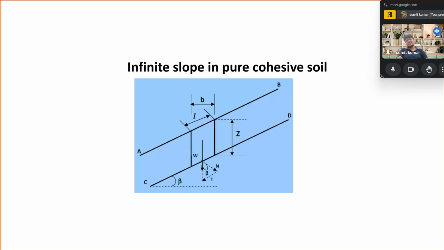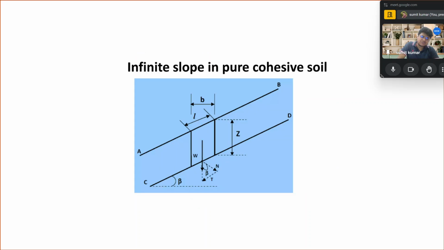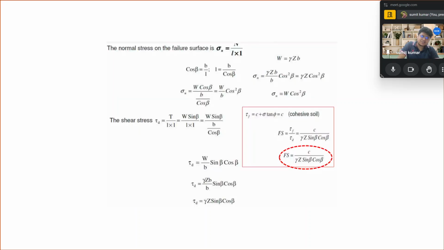Now we see the infinite slope in a pure cohesive soil. Over here, the height of the slice Z and the width of the slice B are clearly visible. The N, W, and beta, everything is represented. Now for the normal stress on the failure plane, sigma is N by L multiplied by 1, and cos beta is equal to b by l from the previous case, and similarly l is equal to b by cos beta.